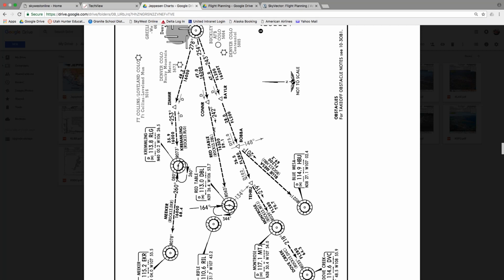It doesn't really matter which we use, but preferably jet. The only time you should ever use a Victor route is if you have no other option. Like that one we started the other day, San Diego to Portland. We got to Seal Beach, and we couldn't use a jet route off of Seal Beach, because none of them went north, they all went sideways.